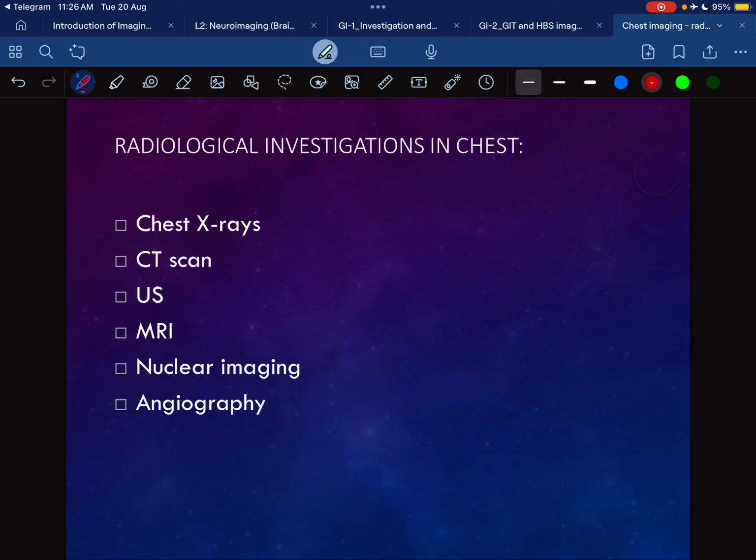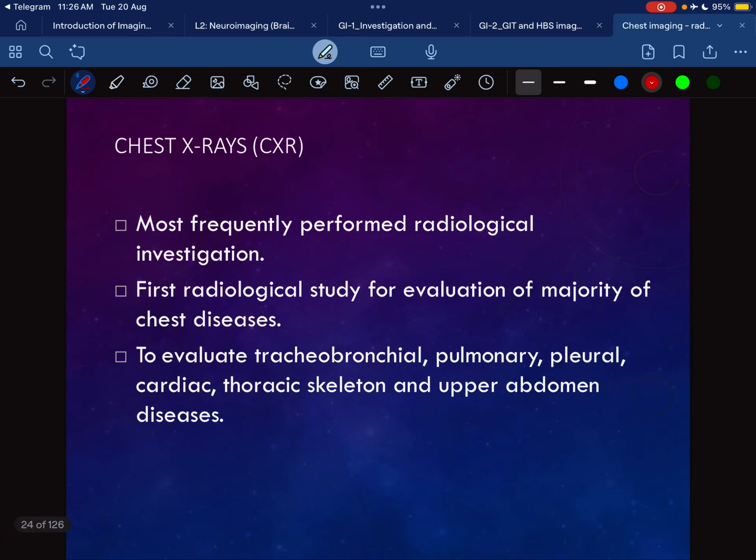Familiar. And then angiography. When do you use angiography? Pulmonary embolism. For location, CT. For the treatment, okay. So when we decide to treat a patient with PE, otherwise CT would be more than enough.